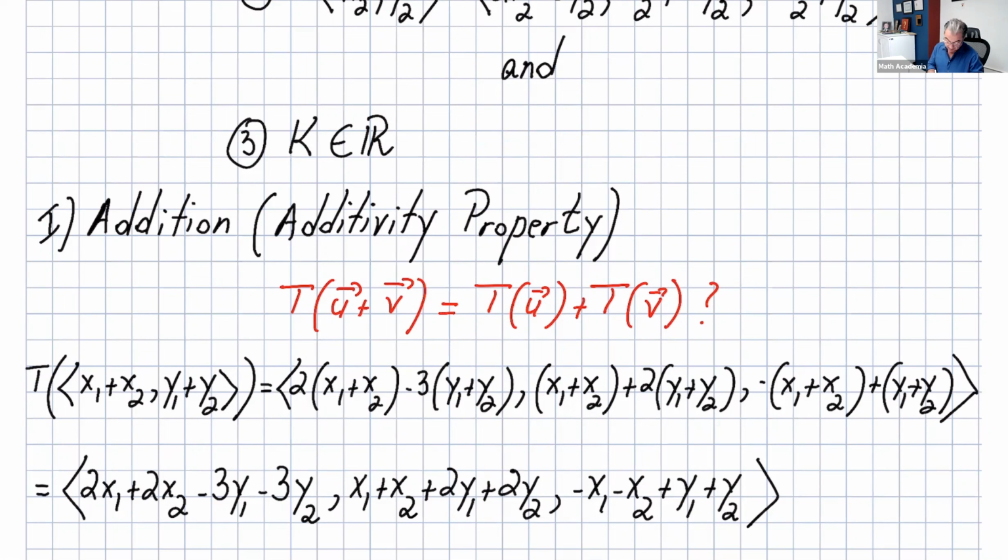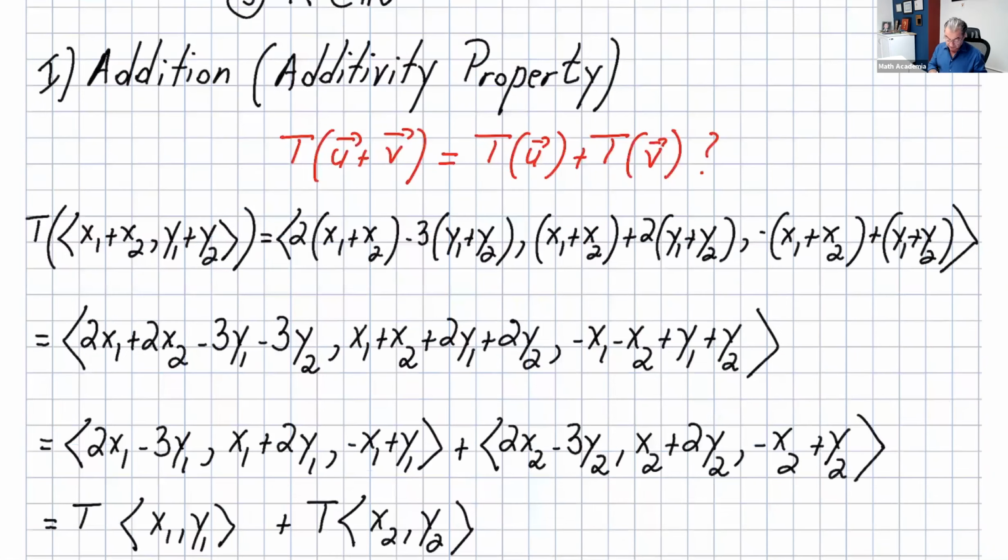Basically, you substitute x by x1 plus x2 and y by y1 plus y2. If you get rid of the parentheses, you get that expression, but what you can do is separate them.